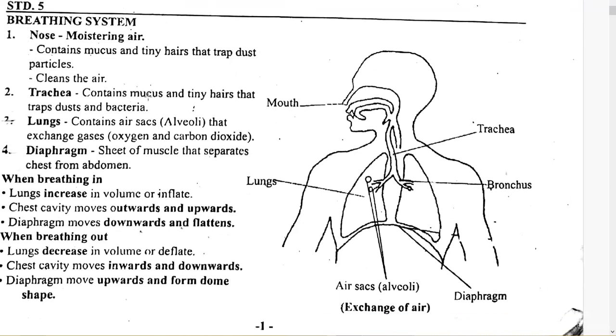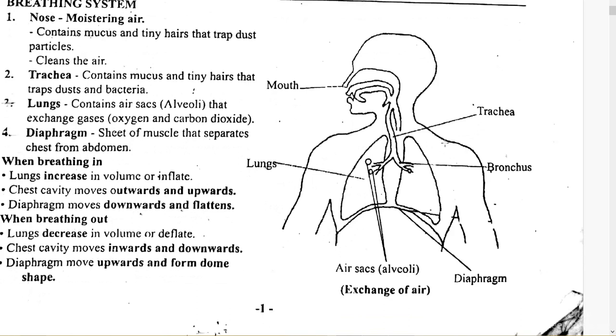The trachea contains mucus and tiny hairs that trap dust and bacteria. Lungs contain air sacs that exchange gases. Diaphragm, a sheet of muscles that separates the chest. So ni vyema ujue kulebo hapa hii breathing system, the bronchus, the trachea, the diaphragm, ujue kulebo. Very important.